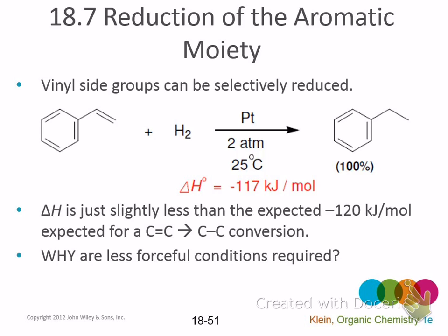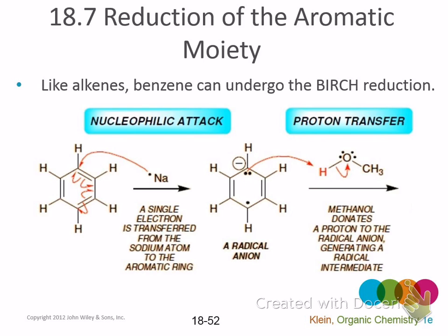Okay, this is one of my favorite. Oh, sorry, we didn't switch slides. I like this reaction. It's called a Birch reduction. It is one of the easy ways to get benzene not to be benzene anymore. But because benzene's so stable, you have to have a very reactive reagent.